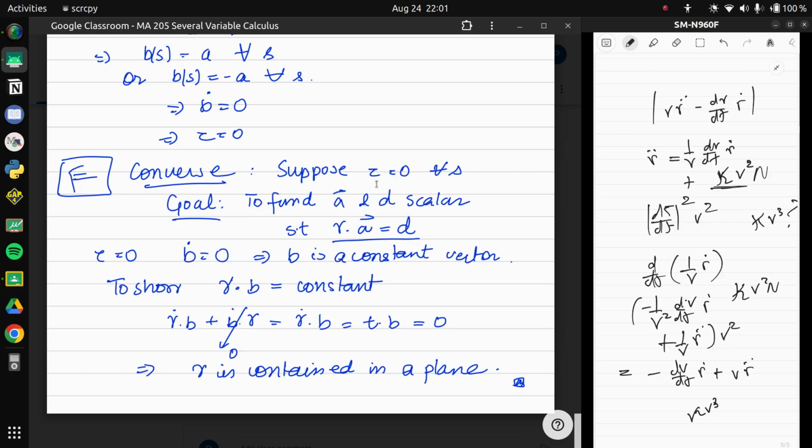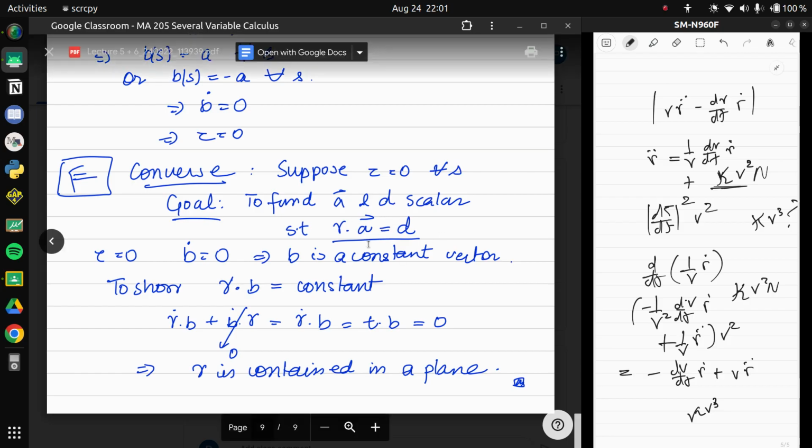So we want to find a vector a and a scalar d such that gamma dot a equals d. So you want to find a plane such that the curve is always going to be on it.